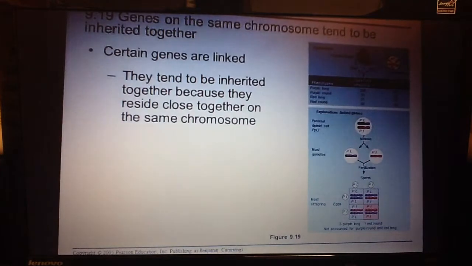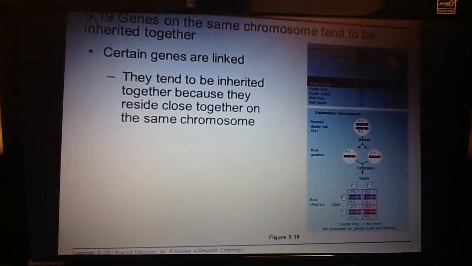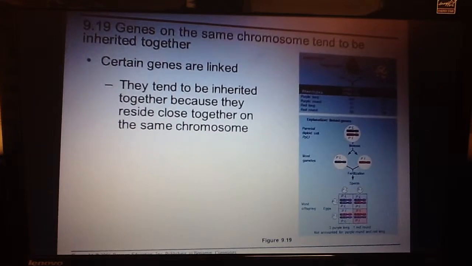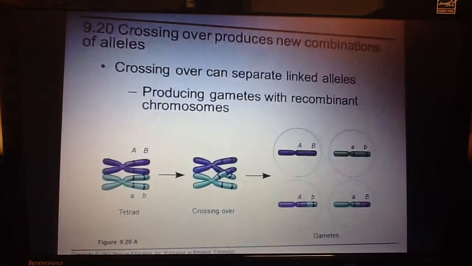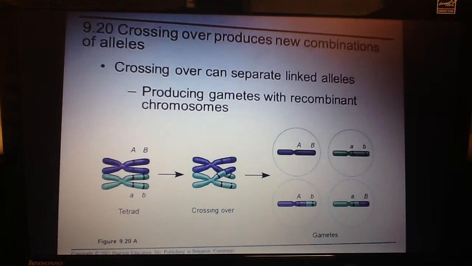It turns out that they're located really close to each other, so the odds are that if you have a purple color, you're also going to have a long pollen. That holds true, and that gives us an indication that they're closely linked. Now, why is it that some traits are inherited together and some are not, even when they're on the same chromosome? That's due to the crossing over that happens in meiosis.